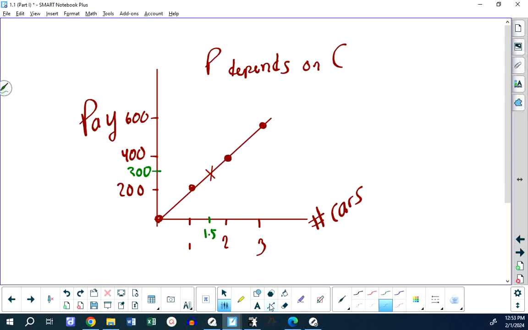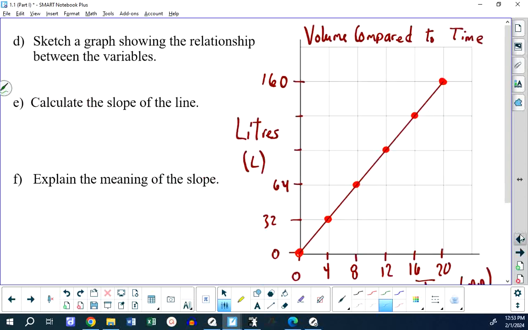Sometimes with graphs, we can't connect the dots because the middle one doesn't work. It's actually the cookie one. We really shouldn't have drawn a straight line. We should have drawn a whole bunch of little dots because you can't have part of a cookie. You can't have part of a car. So now I'm going to go back to this question. Why are we allowed to connect these? Can you have this volume in the barrel? Sure.